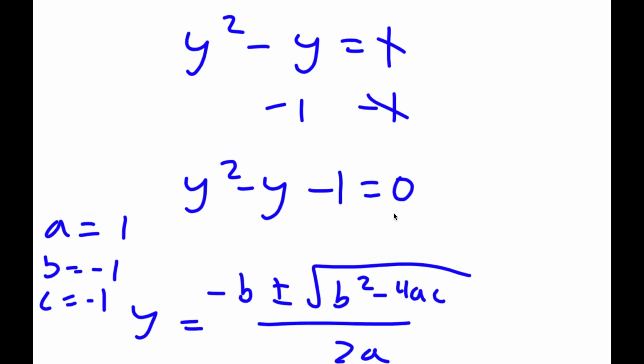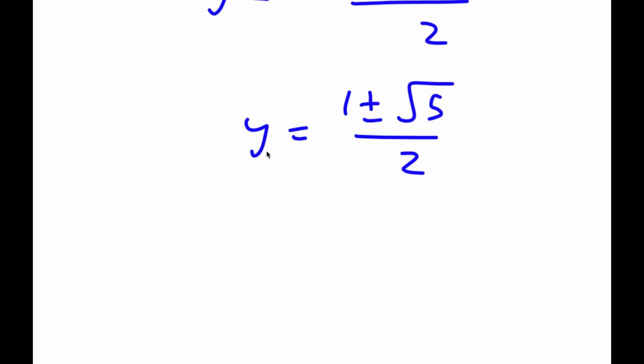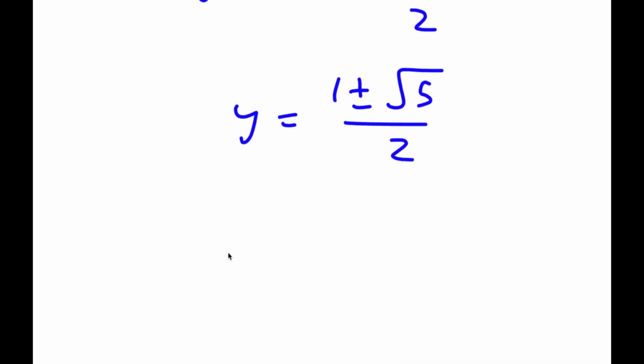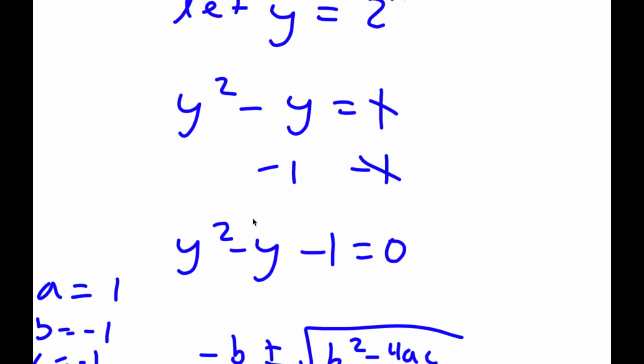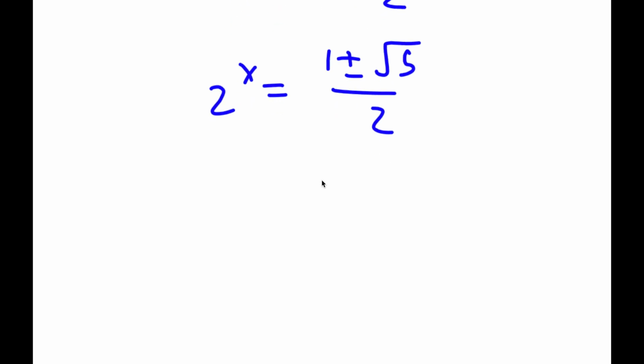So now remember how we set y equal to 2 to the power of x. So if y equals 1 plus or minus the square root of 5 over 2, then I have 2 to the power of x is equal to 1 plus or minus the square root of 5 over 2.